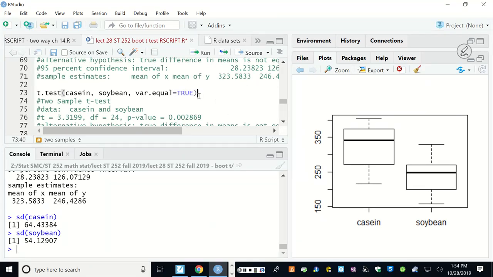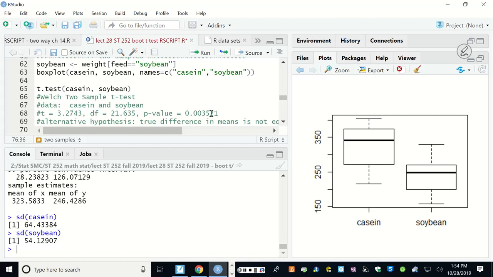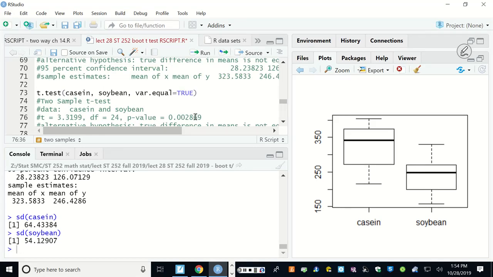To me, it would be plausible to use the version where they're assumed equal. But again, you get a t-value that's pretty big and a p-value that's similar to the other one, 0.0035 versus 0.0029. Again, quite small. These are not the same.